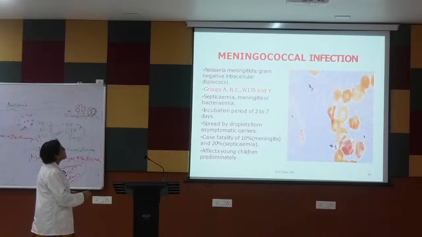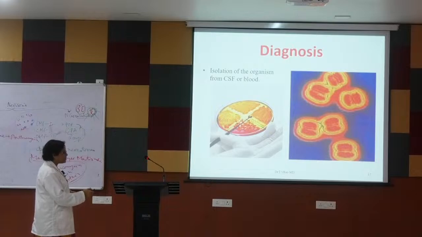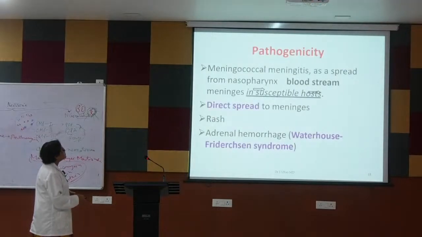This is in serogroups A, B, C, W135 and Y. You can see again the same picture, diplococci and the capsule. This is Waterhouse-Friderichsen syndrome.